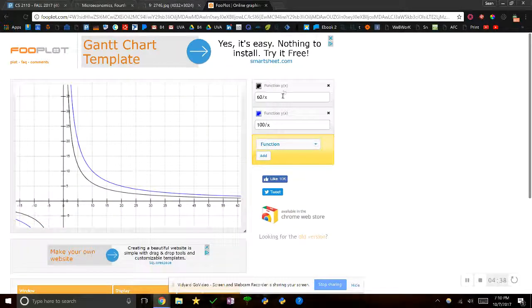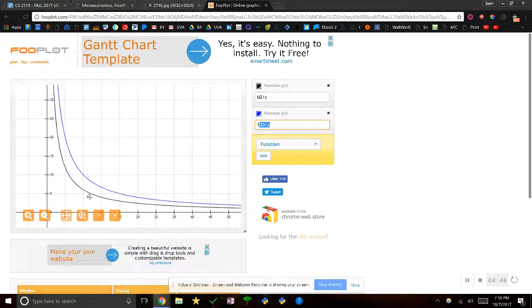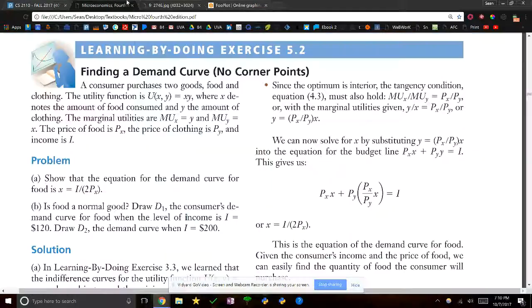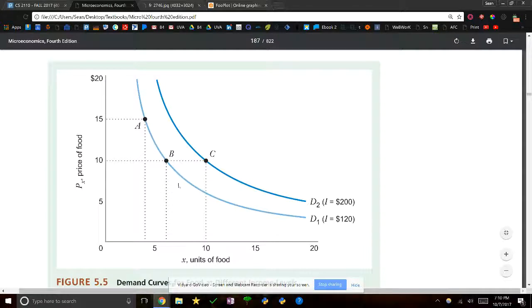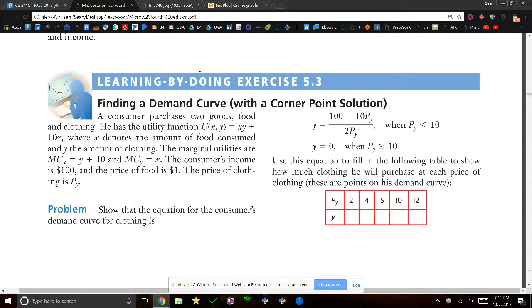See, if you do y equals 60 over x and then 100 over x, you get these two plots right here. And we see as income is increasing, then we are buying more of it. So it's going to be a normal good, as we can see in their graph here. So I moves out and then they buy more of it, so it's a normal good. So here's another problem.